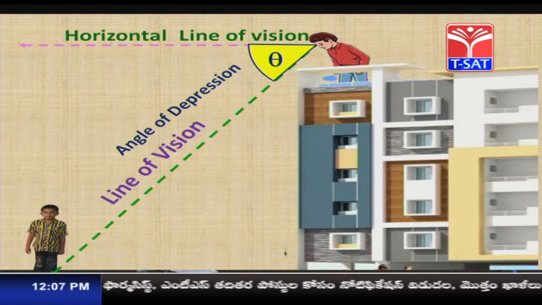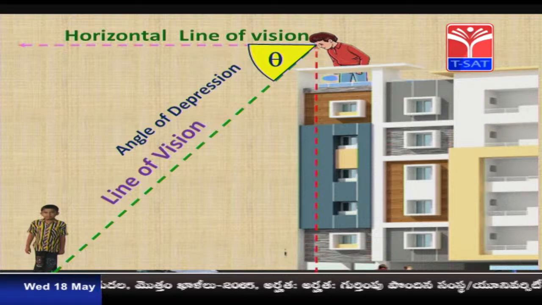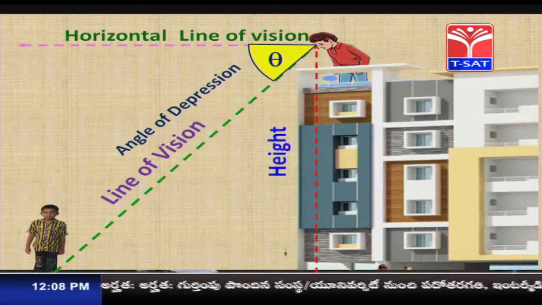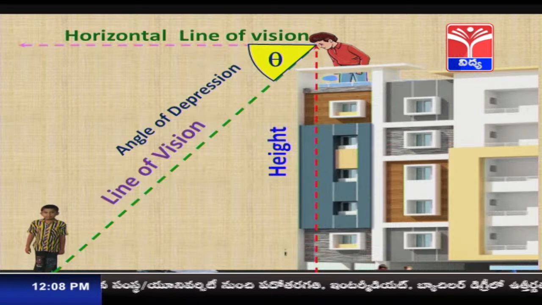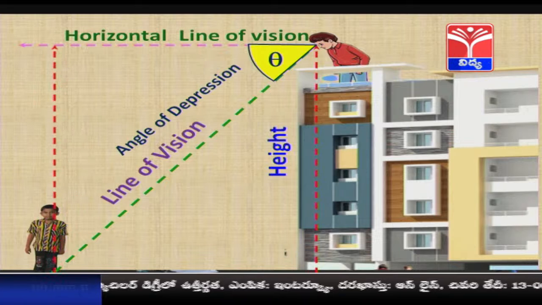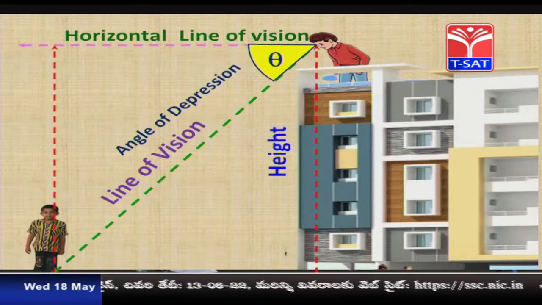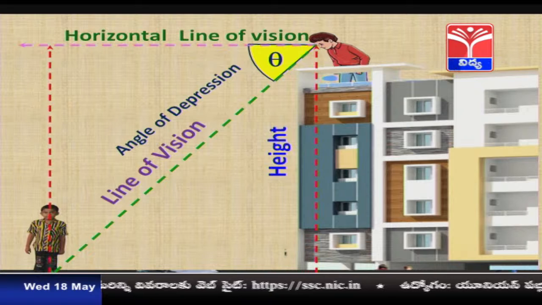What is the height at which the person is on the building? This is the height at which the person is standing on the building. Is it parallel to the height at the same point? Yes, please see, both are parallel. That means a triangle is being formed here, isn't it?